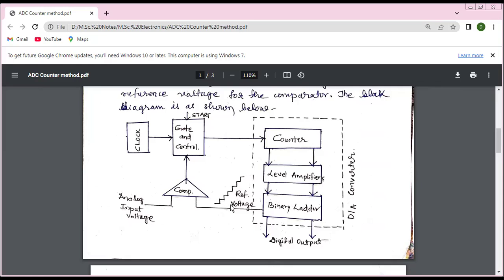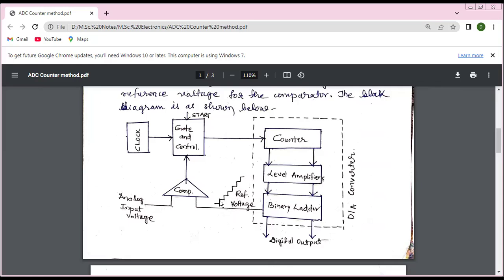So what happens according to the magnitude of this input voltage? This reference voltage appears here step by step, not directly. Let us say you have applied some 1 volt of analog signal here.